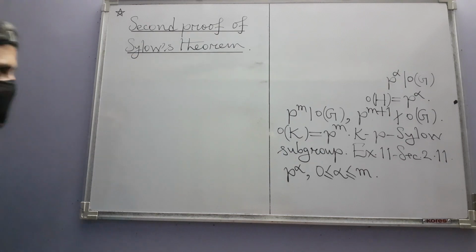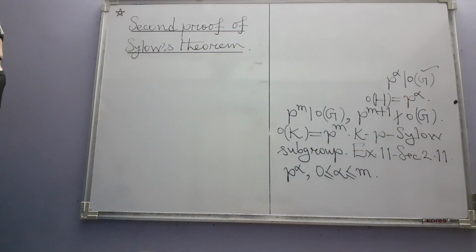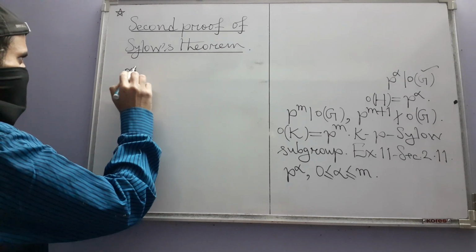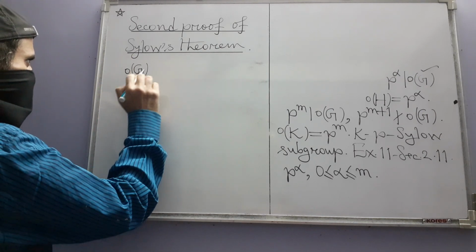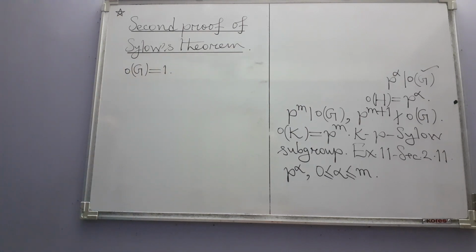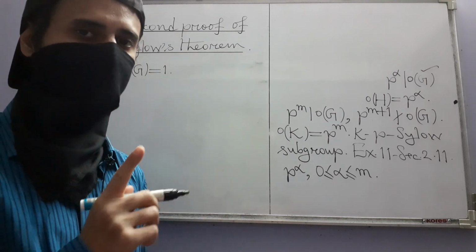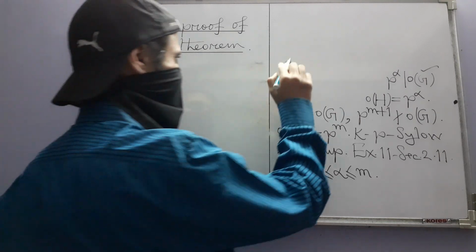So the proof goes by induction on the order of G. So naturally it will start with this case. That means, say G is a group having only one element. G is a trivial group.